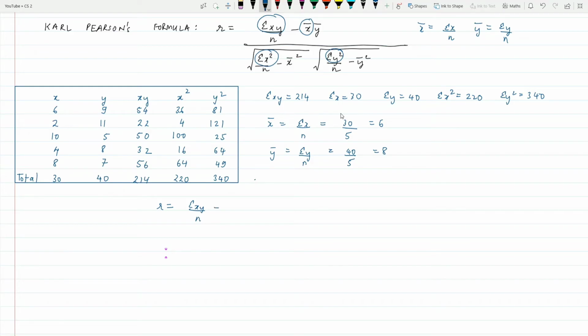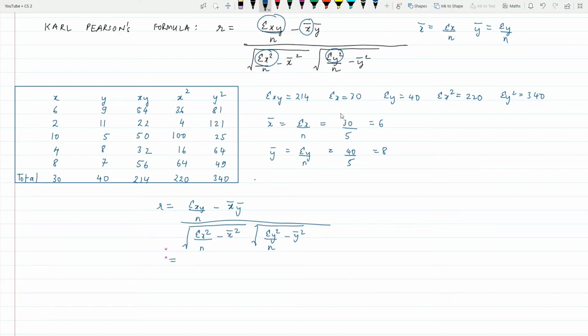So we have sigma xy upon n minus x bar y bar, divided by a big denominator which includes root of sigma x square upon n minus x bar whole square multiplied by sigma y square upon n minus y bar whole square.